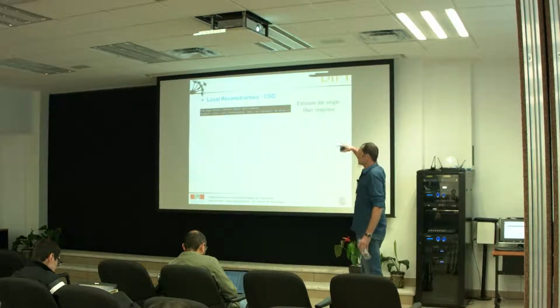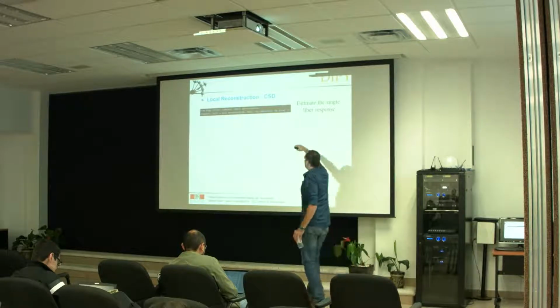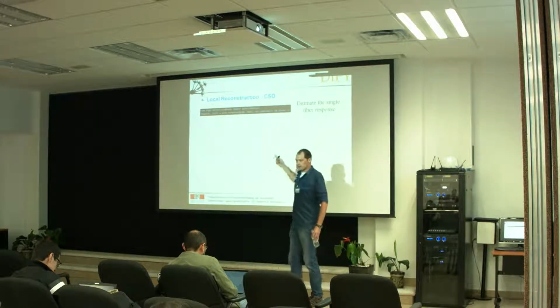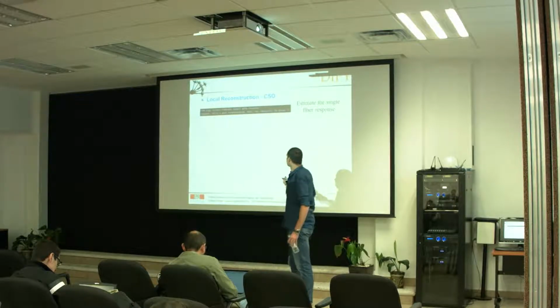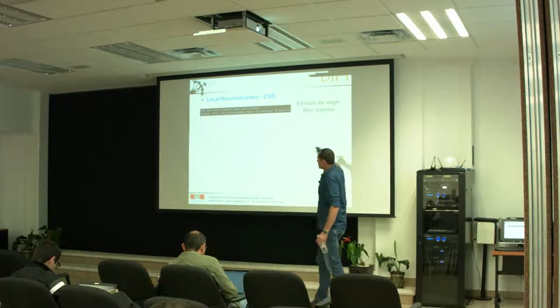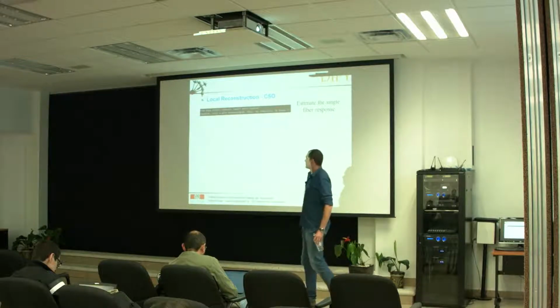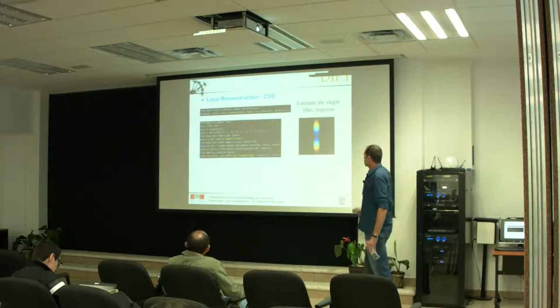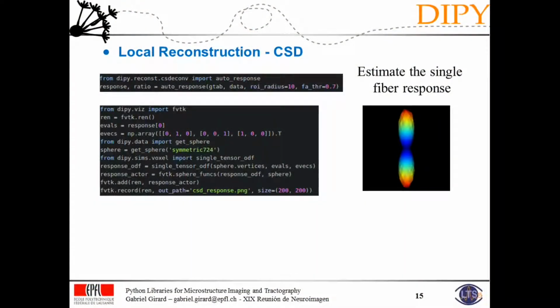This function will essentially look at the central part of your image, at the voxels where the FA is greater than 0.7, which is usually the value that is used in MRtrix, for instance. And so in this way, you get an object which is the response function, and you can use this piece of code to look at it. The response function looks like this, the ODF of the response function, actually. So in one line of code, you get the response, which you need for CSD.